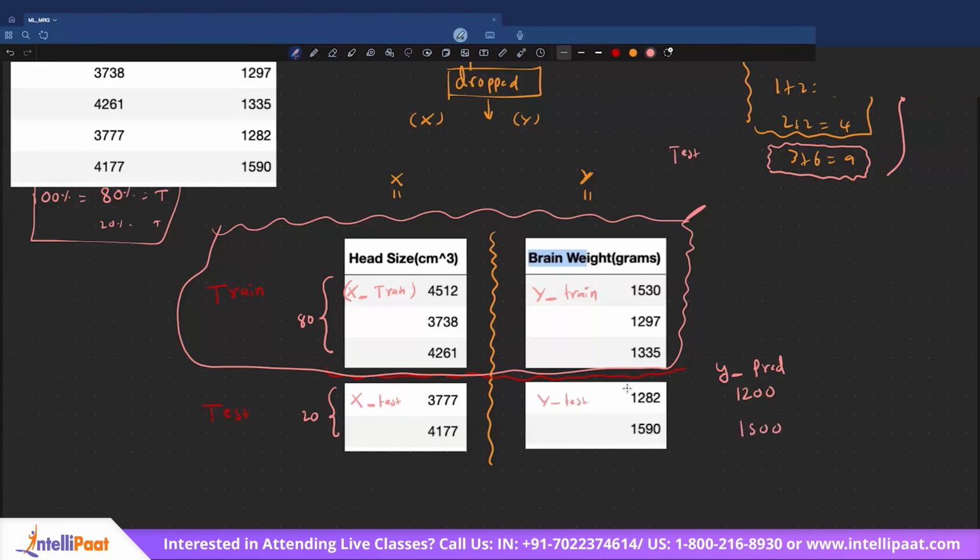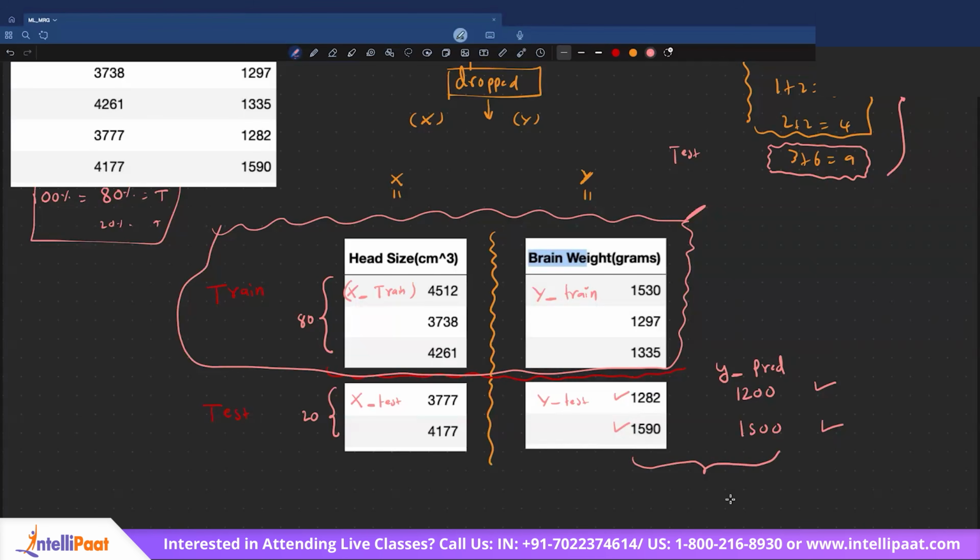This is the actual value, 1282 and 1590, and this is the predicted value, yes or no? And comparing the difference between these two columns, I will be able to say, oh okay, I am off by 2%, 3%. This is your entire machine learning.